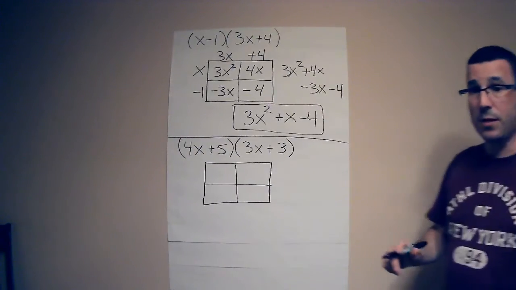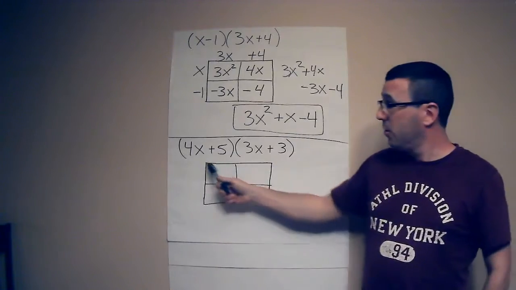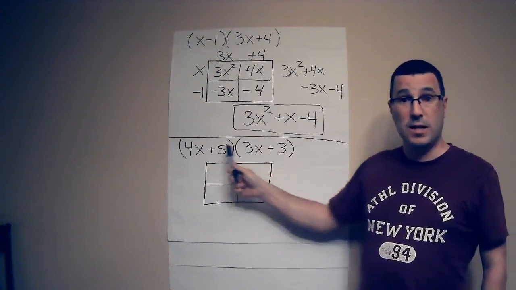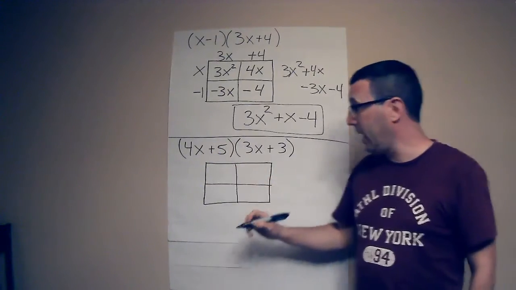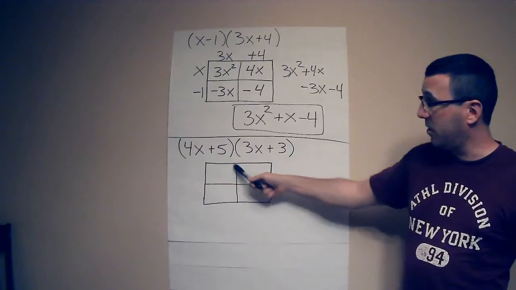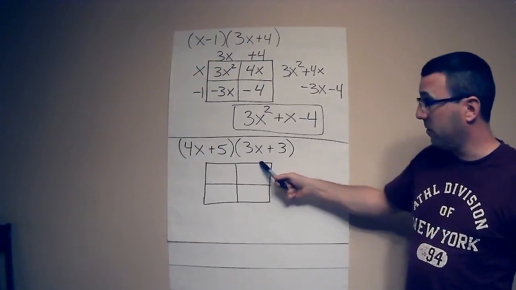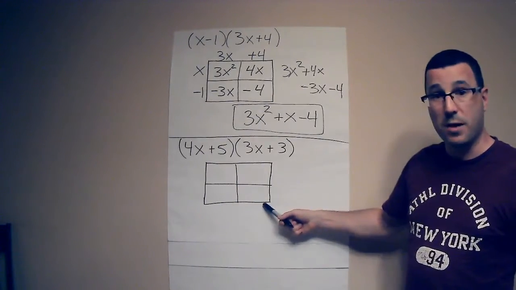One more example. This time I have two binomials where the variable term in both has a coefficient that is not 1. So, again, I'm going to write these. Now you'll notice I made my box go up pretty close here, so I really can't write across the top. So I'm going to write it across the bottom here.